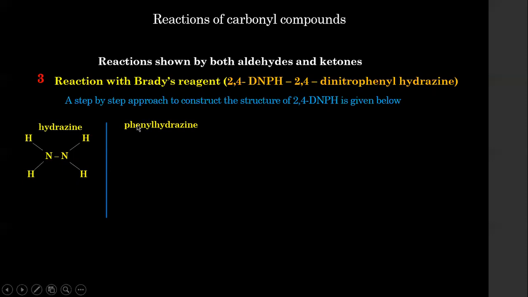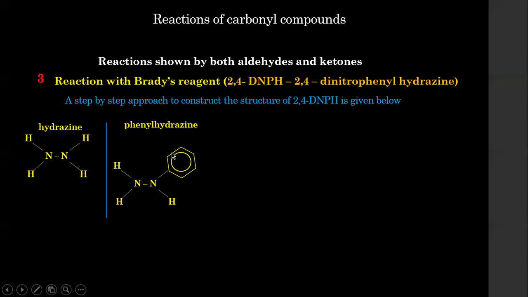What is the meaning of phenyl hydrazine? Phenyl hydrazine means to this hydrazine part, we can remove 1 hydrogen and attach a group like this. This is actually what we call an aryl ring. It is actually a benzene ring. We can attach a benzene ring.